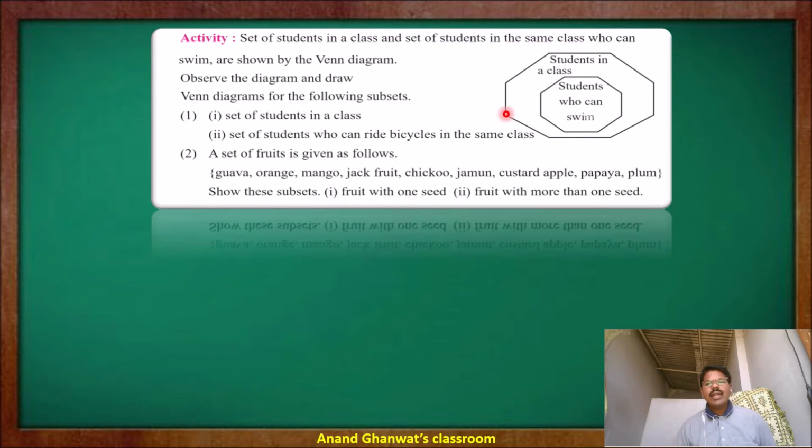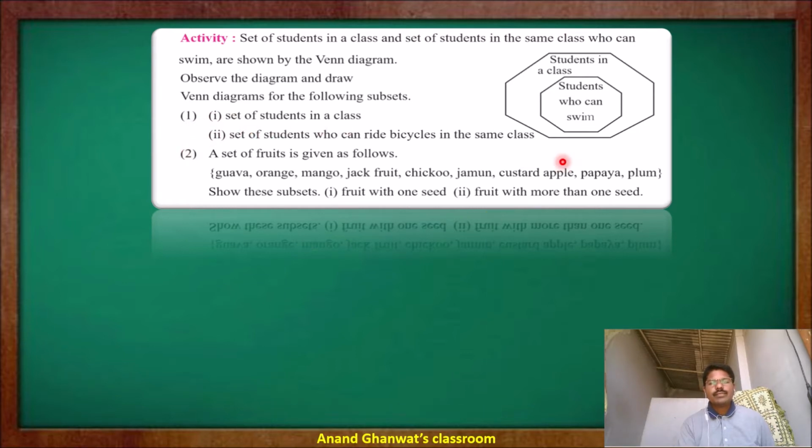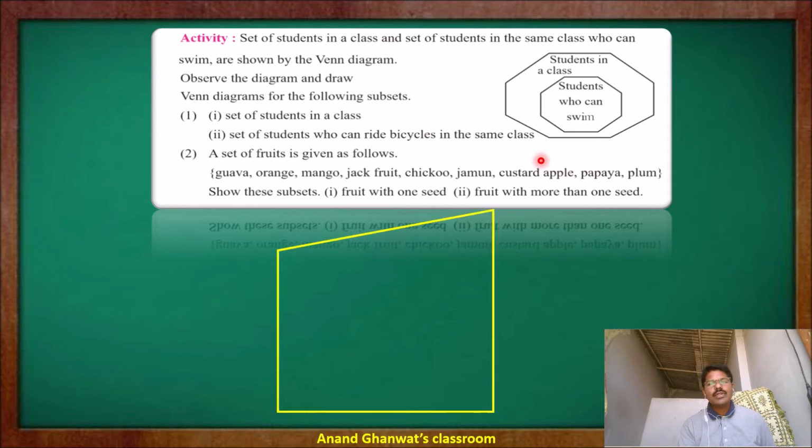Now, understanding how to show a set and a subset using a Venn diagram, let us do the same activity for the remaining two examples. Set of students in a class and set of students who can ride a bicycle in the same class. We will use here two types of diagram, that is a trapezium and a pentagon. Trapezium to show the set of students in a class and pentagon to show the set of students who can ride a bicycle.